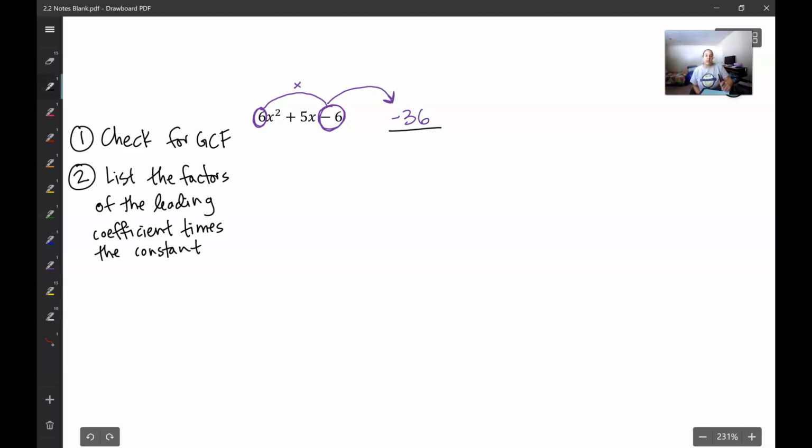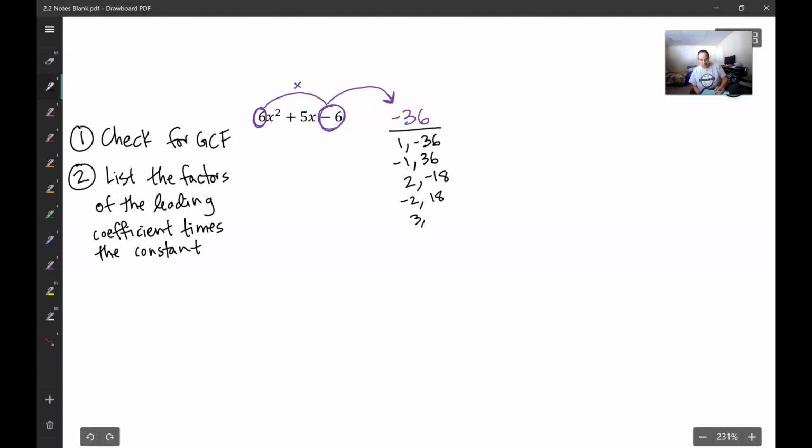So with these kinds of lists, it can get kind of long. So let's start with this one. We want to list the factors of negative 36. So I've got 1 and negative 36, which is also a negative 1 and positive 36. I've got 2 and negative 18, which is a negative 2 and a positive 18.